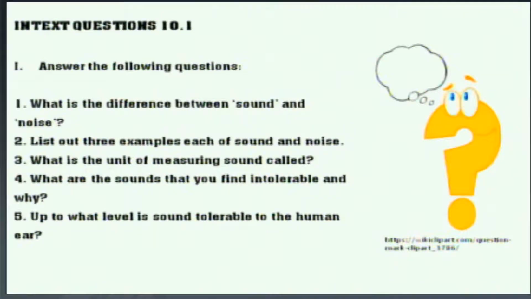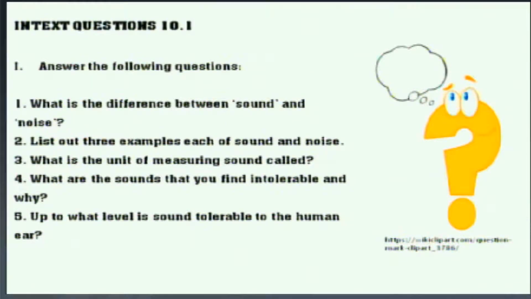Okay? Sounds like a bird chirping, slow light music being played, and many more. You can think of many examples of sound. Then noise, very clear: honking of traffic on the roads.